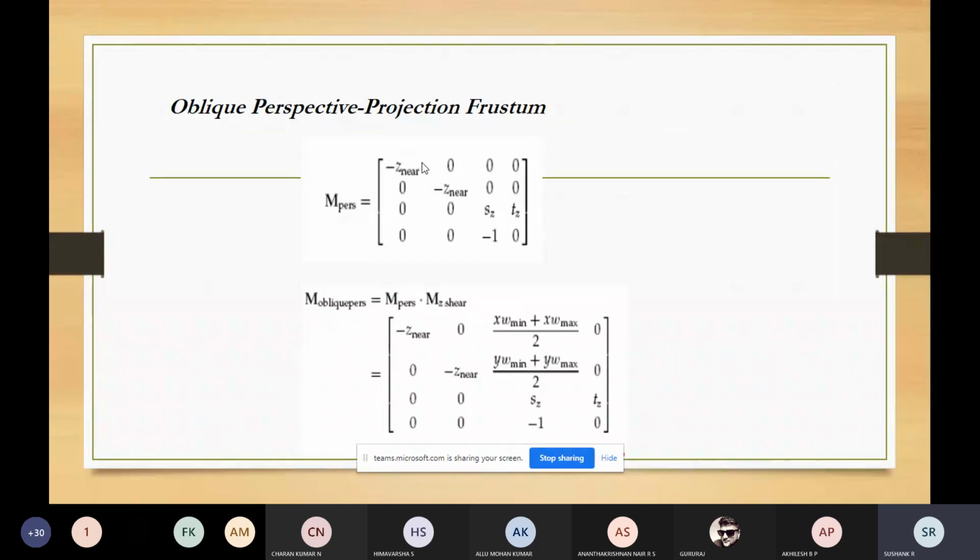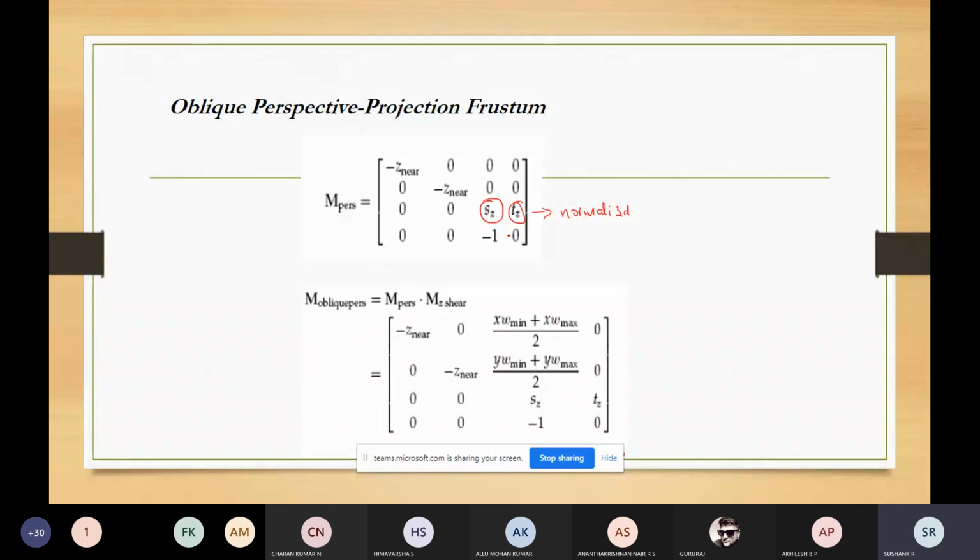The z coordinate scaling will be determined by the normalization requirement. For the normalized values, that will determine the scaling parameter and translation parameter for the z-axis.